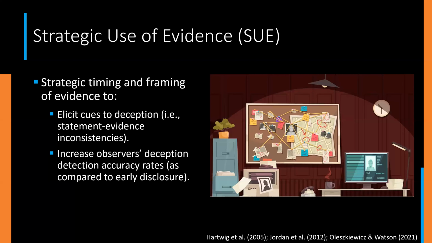And it's also great at increasing observers' ability to discern between liars and truth tellers, as most of the SU research shows that observers have higher deception detection accuracy rates when interviewees were interrogated using a SU technique compared to early disclosure technique, which represents the traditional accusatorial method of evidence presentation, in which evidence is presented at the onset of an interrogation.